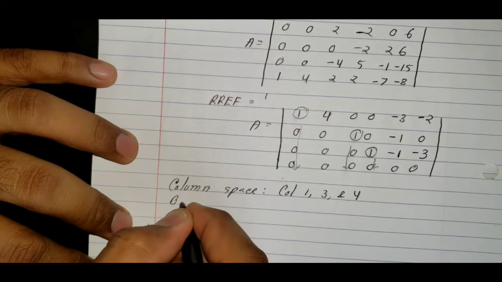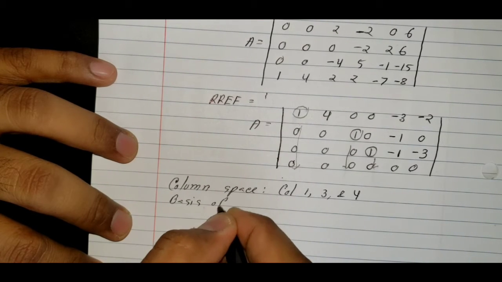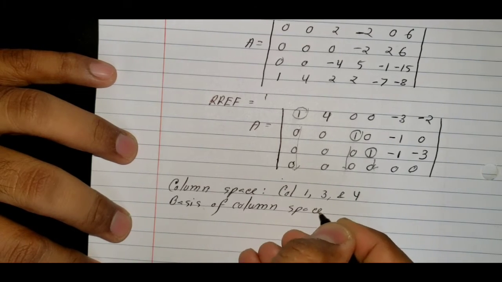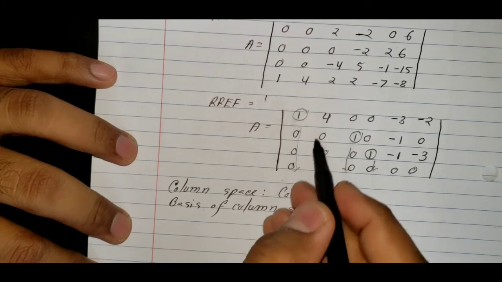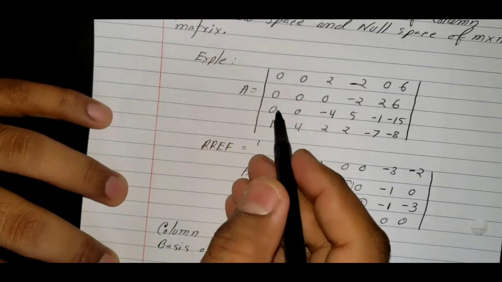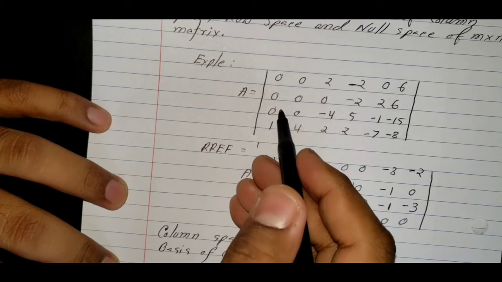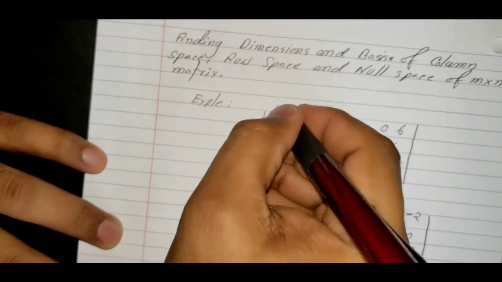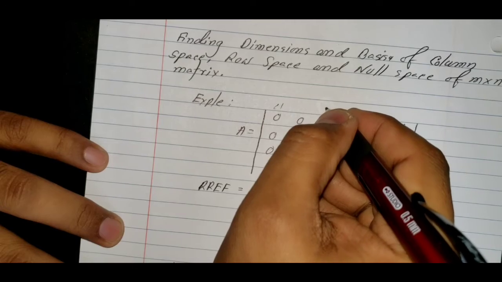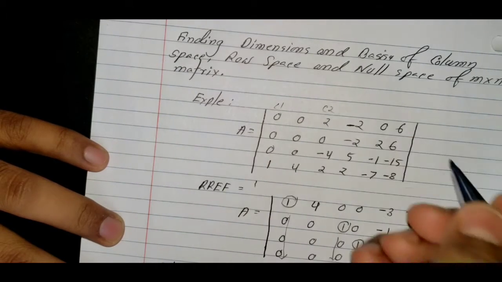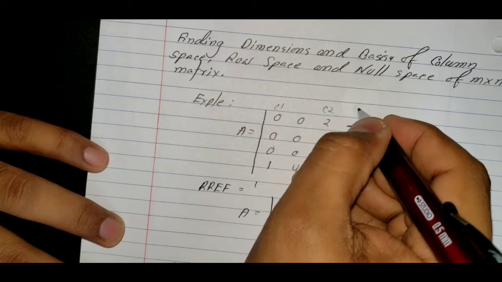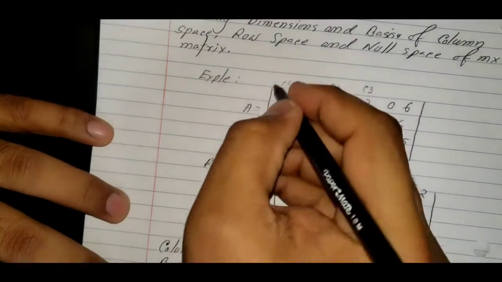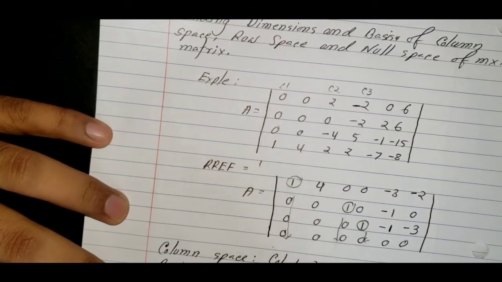The basis of the column space: you know that your column space is columns 1, 3, and 4. So go back to the original matrix, the main matrix you have, right? So you have C1, which is column 1, C2, which is column 3, and C3, which is column 4. These columns are the basis of this column space.